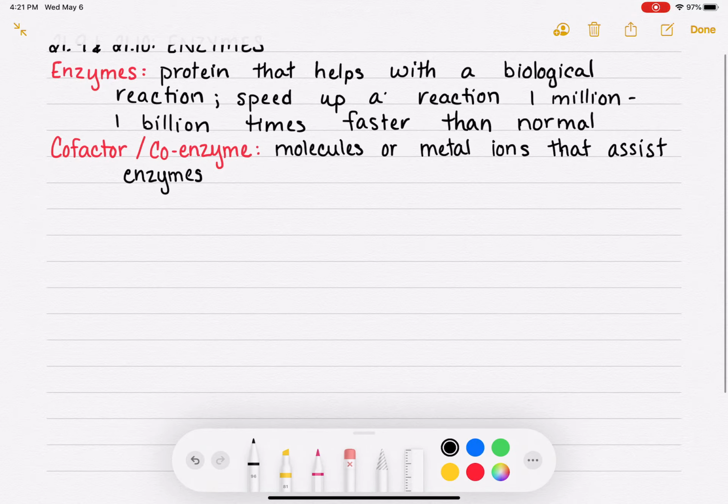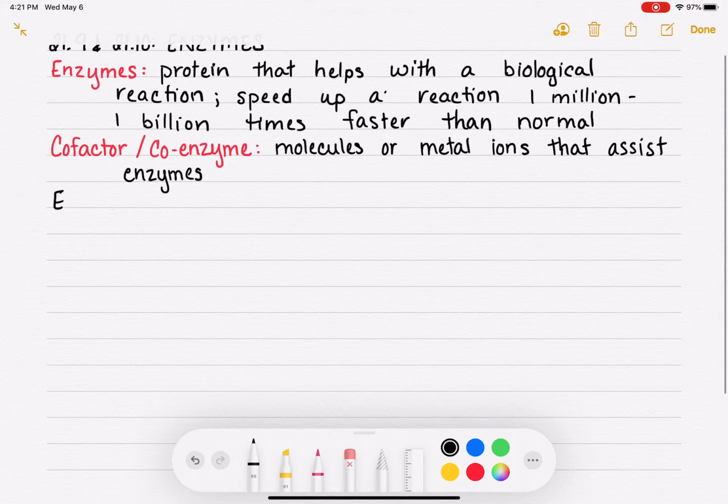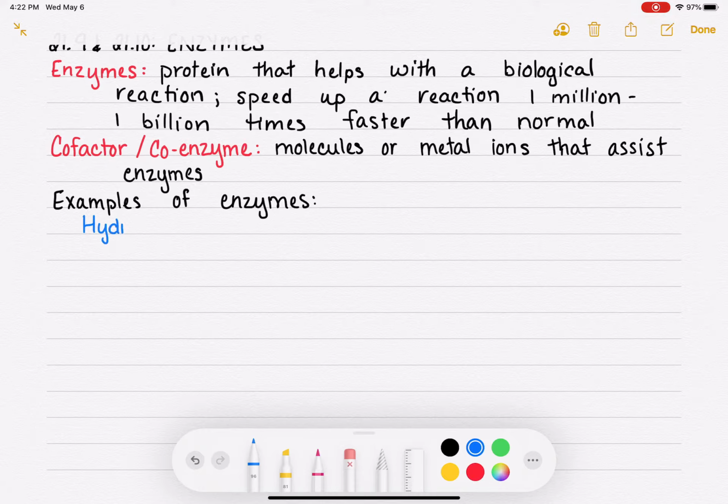Some examples of enzymes. We're just going to look at two different types. So we have hydrolases. To be clear, a hydrolase is not an enzyme, it's a type of enzyme.